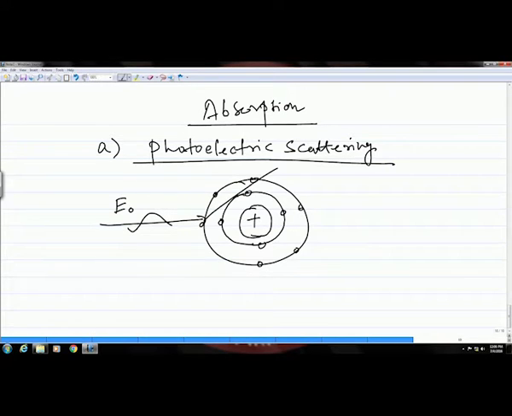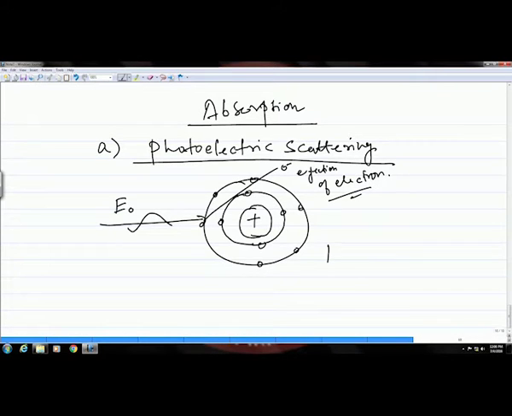Okay. So, in this case what happens, the X-ray photon will eject one outer electron and as a result the X-ray photon would lose energy. Okay.